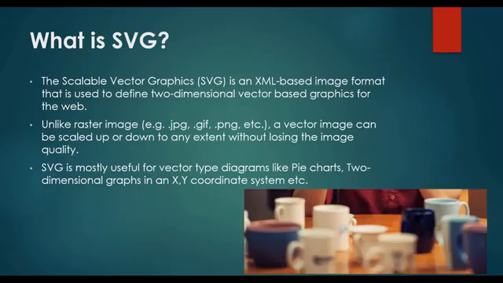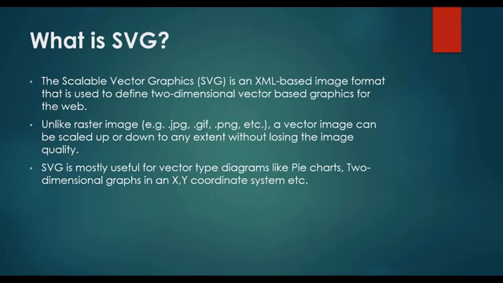So the quality of image will be reduced. But in case of SVG, the quality of image will not be altered at any cost, right? Whenever we use a big height and width, it won't alter the image because we are going to draw it.